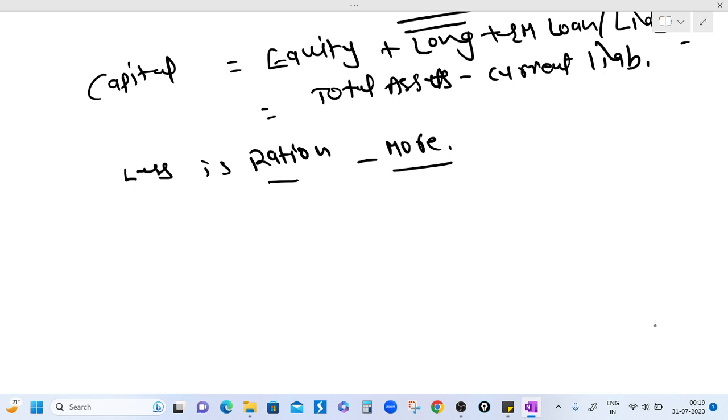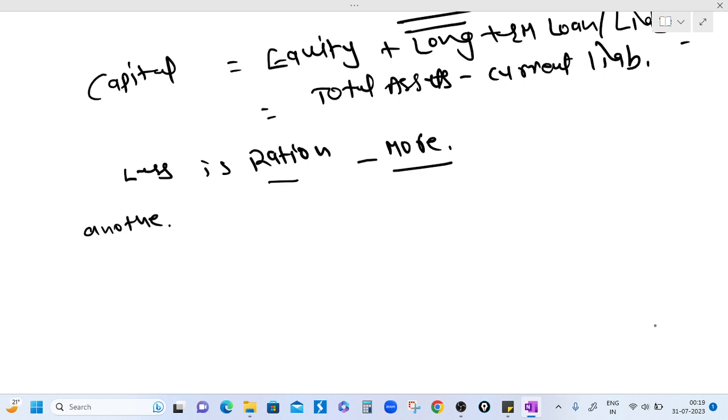There is another theory also mentioned, that you can calculate the debt to capital employed ratio another way, so do not get confused.